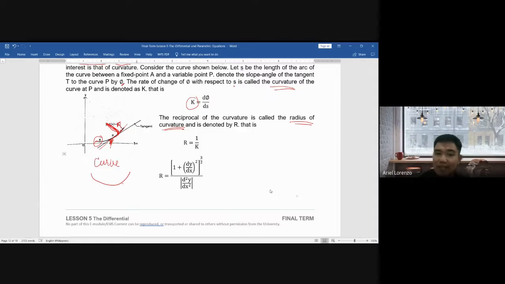So, yan ang formula for the radius of the curvature. Kindly screenshot it, class, kasi gagamitin natin yung formula mamaya para isolve yung ating example. By the way, in the exam, nilagay namin yan sa last page, the formula for the radius of the curvature. So, no problem in the exam.